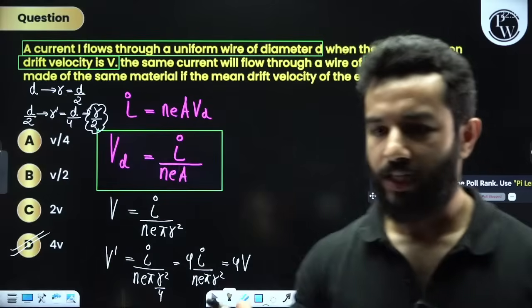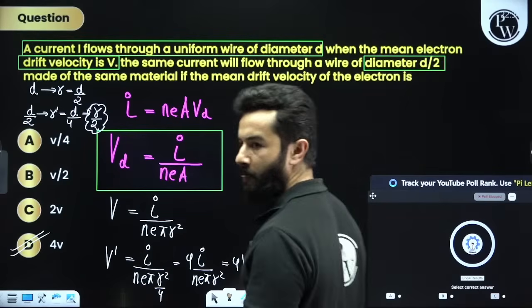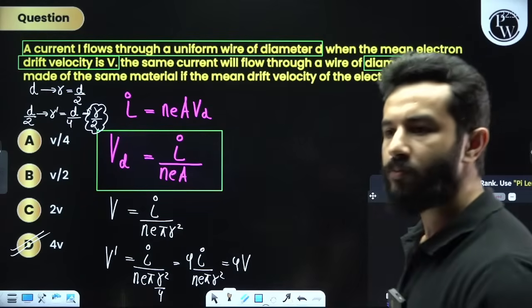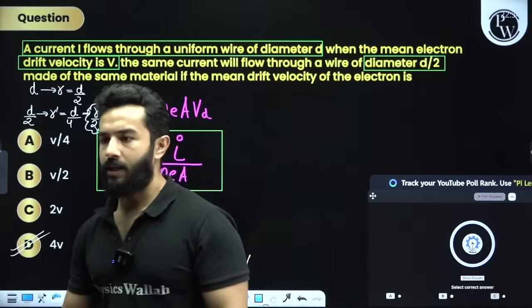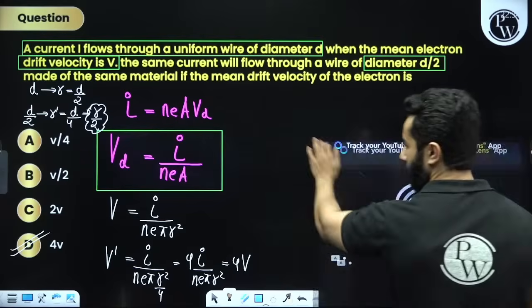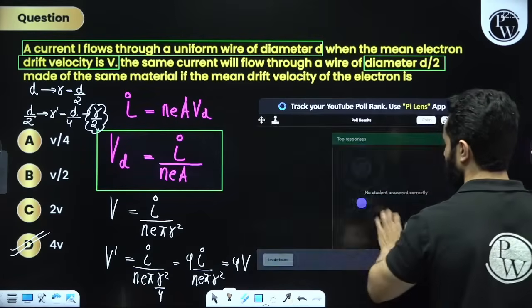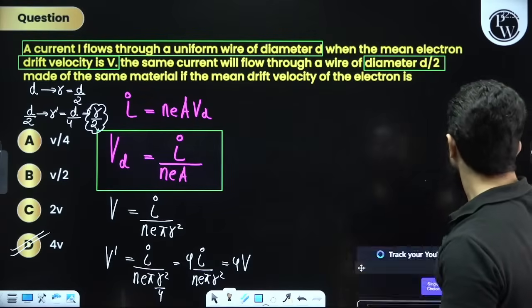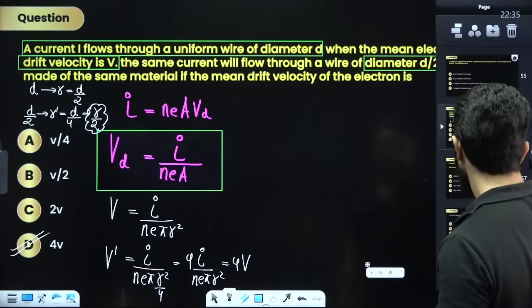Clear? Got it? Any doubt? Quickly write down in the chat box, my dear friends. Done? D is absolutely correct. Very good. Henry, Mahira, Robin, any more doubts in this question?